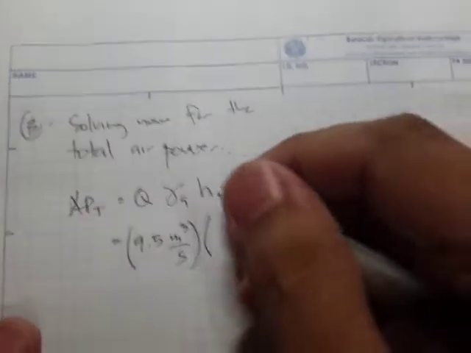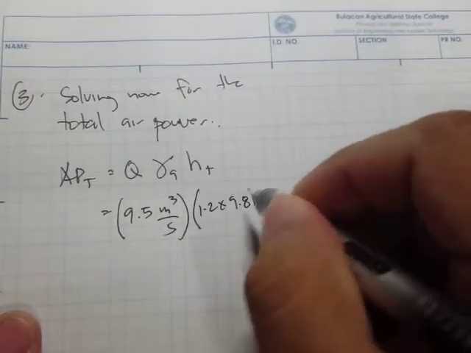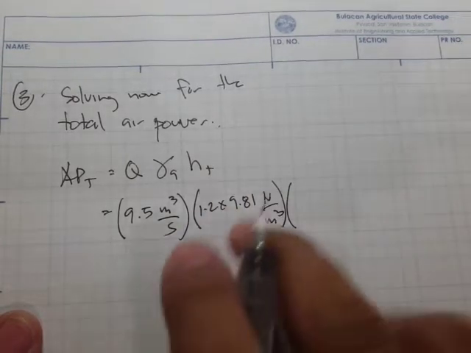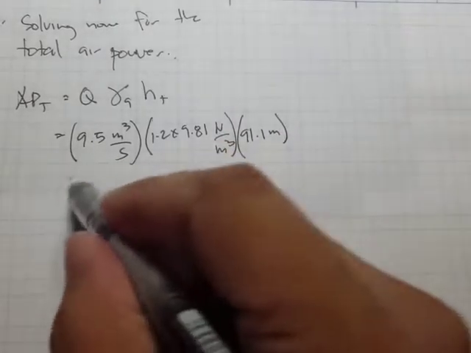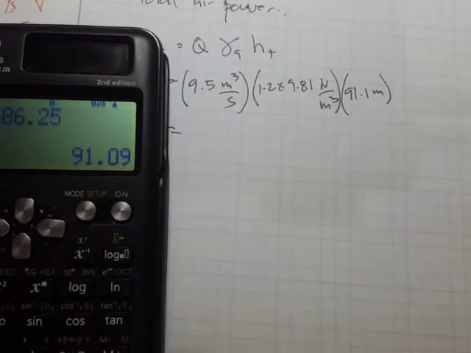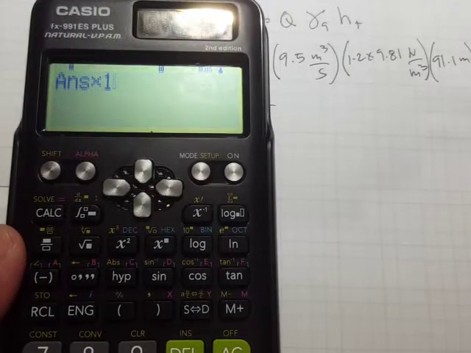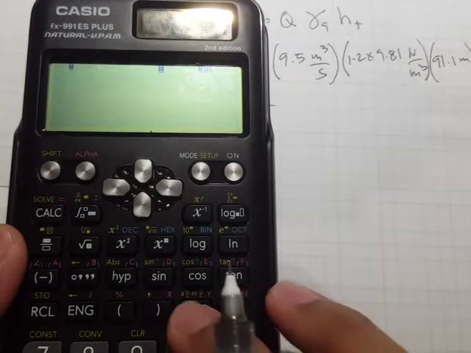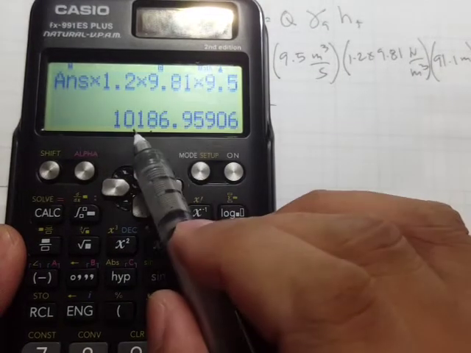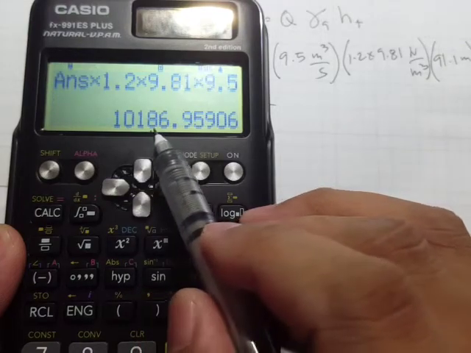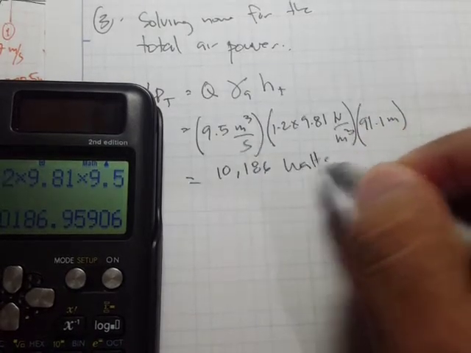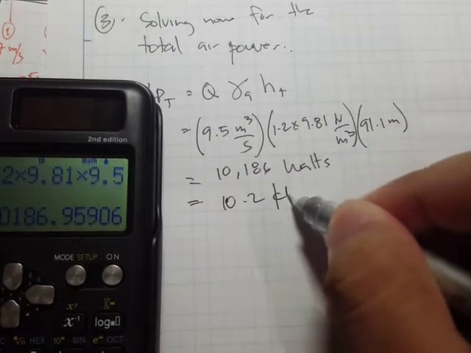This is just 1.2 times 9.81, Newton per meter cube, and then times the head of 91.1 meters. If we do this, it is 10,186 watts or 10.2 kilowatts.